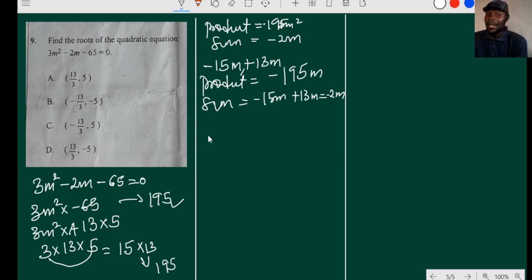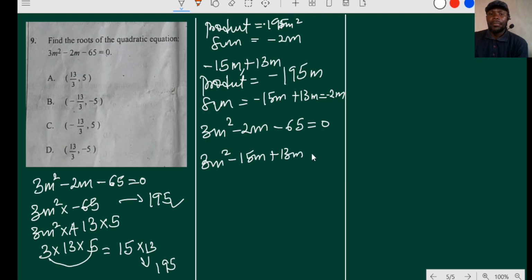So you will now start analyzing to have 3m squared minus 2m minus 65 is equal to 0. So we have 3m squared minus 15m plus 13m minus 65 is equal to 0. So you just rearrange and you find what is common.